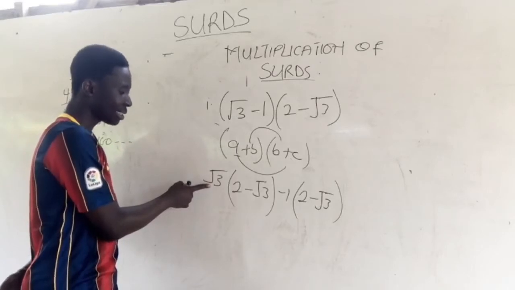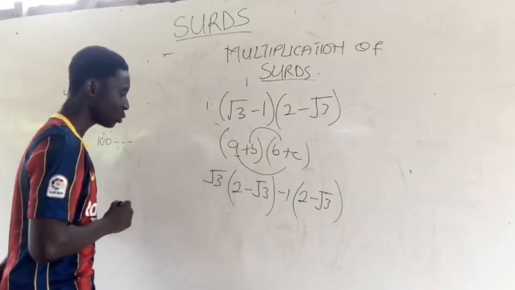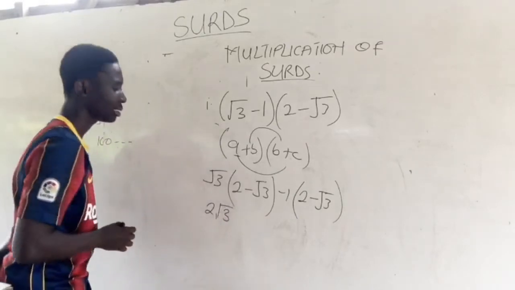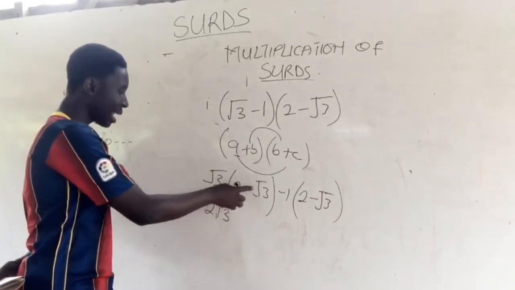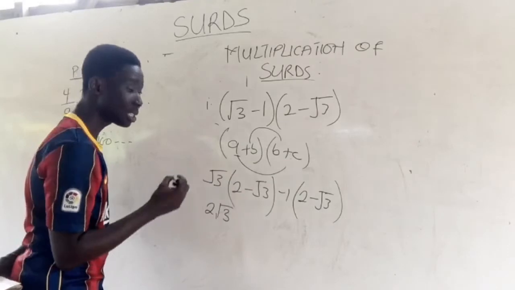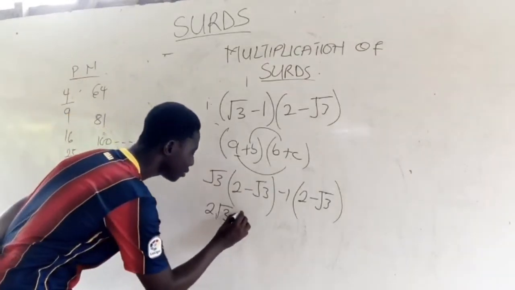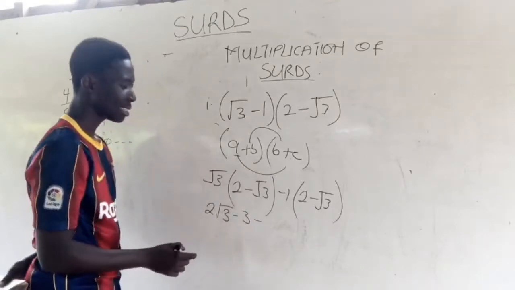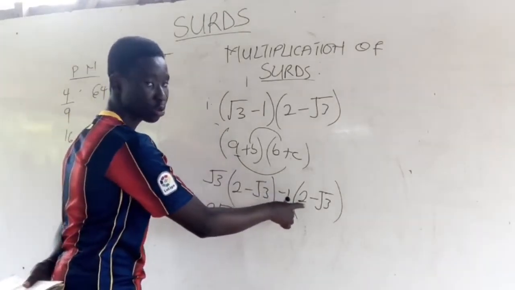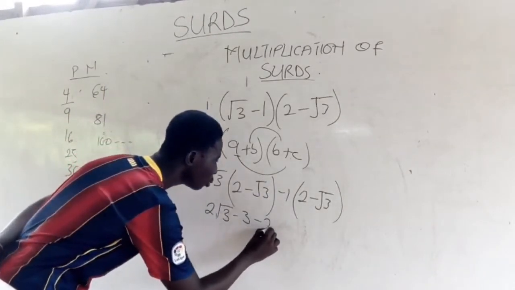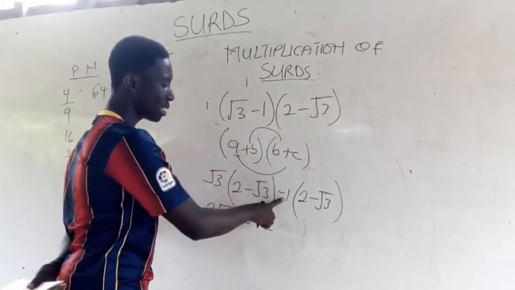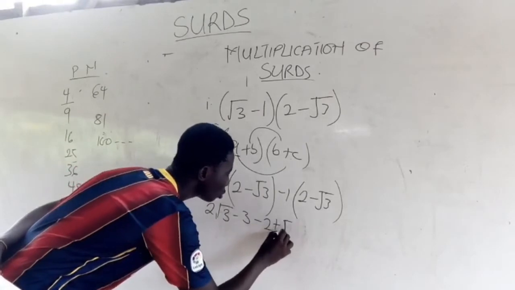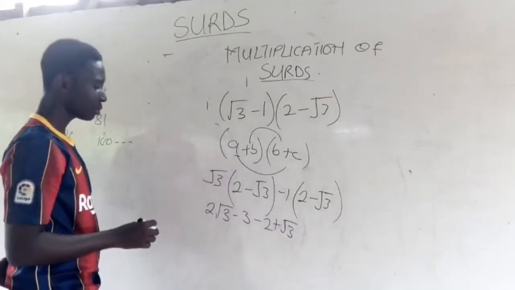Root 3 times 2 is going to give us 2 root 3. Then root 3 times root 3 is going to give us 3 from the properties. Minus 1 times 2, I'm going to get minus 2. Minus 1 times minus root 3, I'm going to get plus root 3.